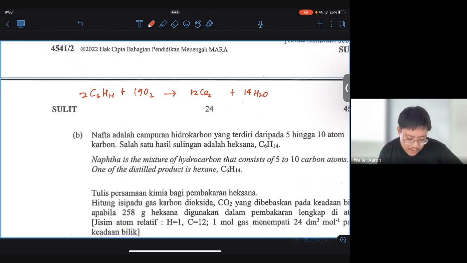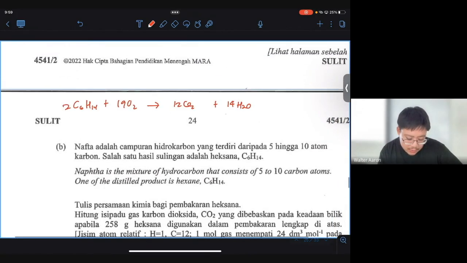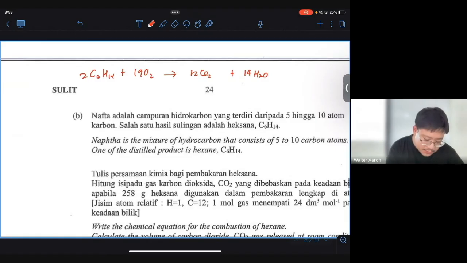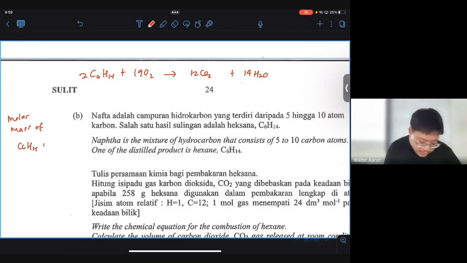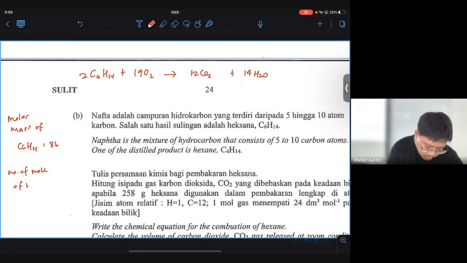All right, now we're going to calculate the molar mass of hexane. The molar mass of hexane will be 6 times 12 plus 14, so it's going to be 86. So the number of moles of hexane will be 258 divided by 86.